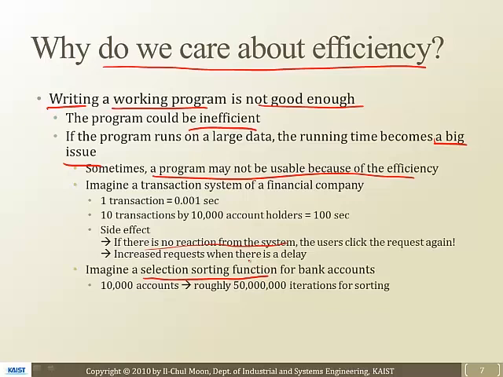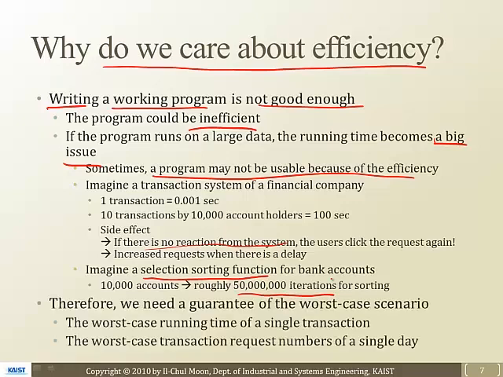Then it means that we have roughly this many iterations for sorting. We analyzed it mathematically in the previous section, right? Then it's nonsense to execute this many iterations, right? You will not be able to report anything from this sorting analysis. So therefore, we need to guarantee a worst case scenario, right?